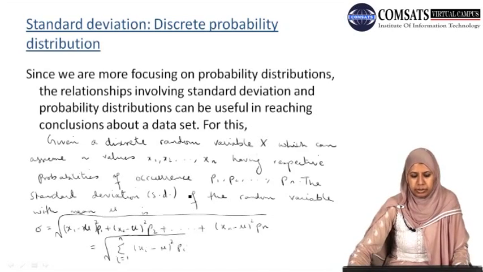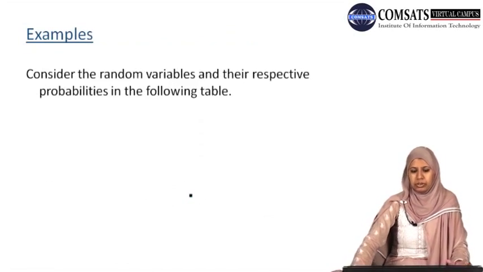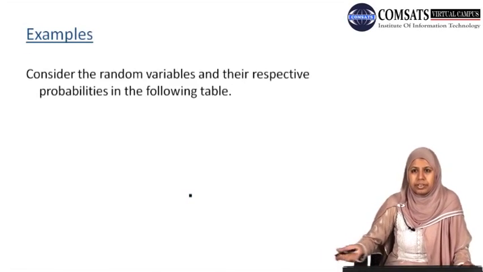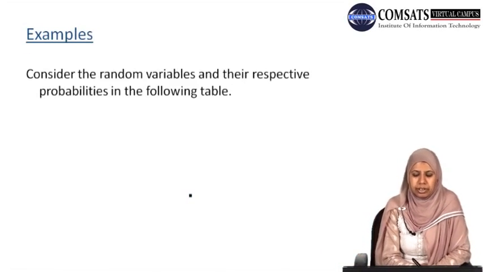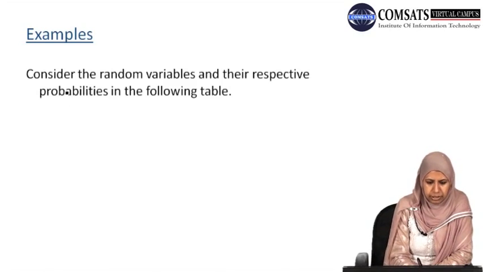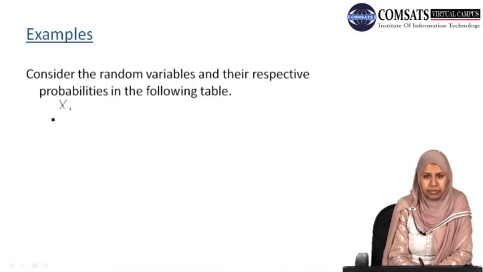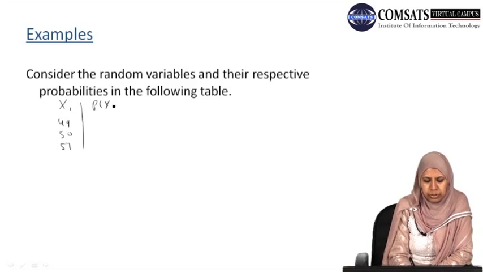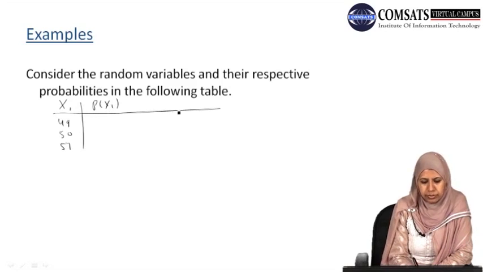Now we come back to our example, in which we discussed two random variables given with their respective probabilities. The first random variable has values 49, 50, 51 with the respective probabilities of occurrence 0.05, 0.9, 0.05.